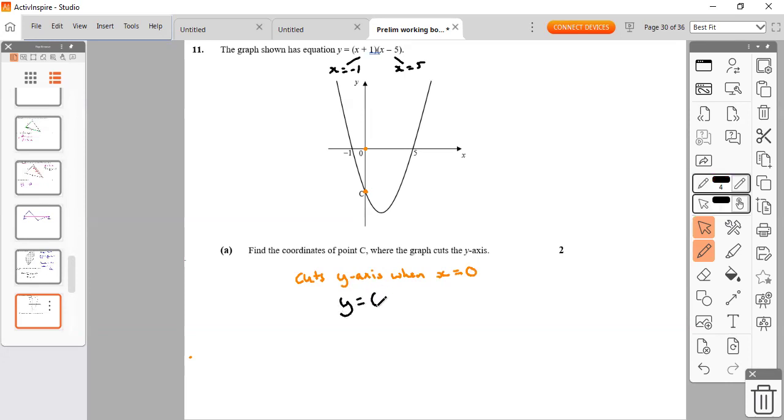y equals (x plus 1)(x minus 5). All we do is 0 plus 1, 0 minus 5. So it's 1 times minus 5, and remember, when brackets are beside each other, that's just multiplying them. It's minus 5.